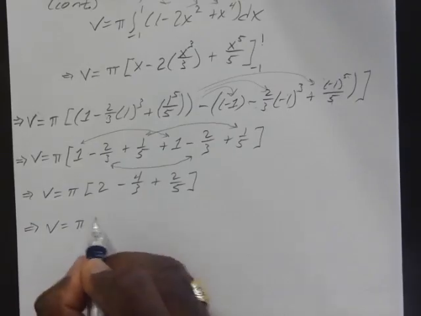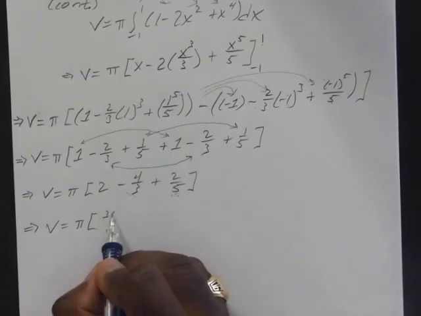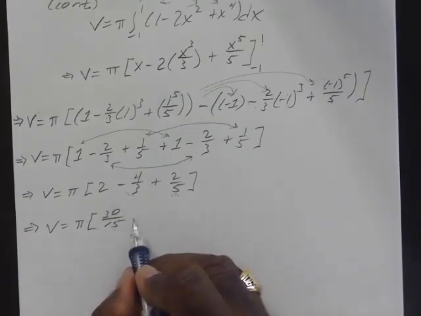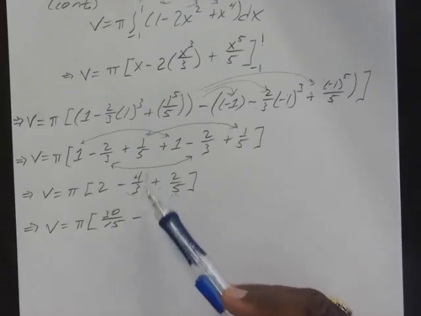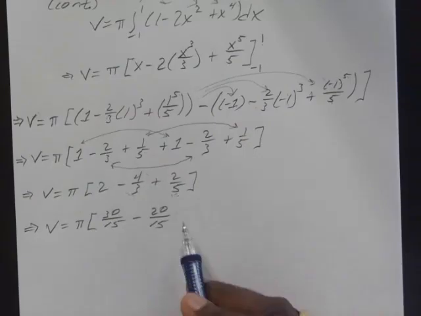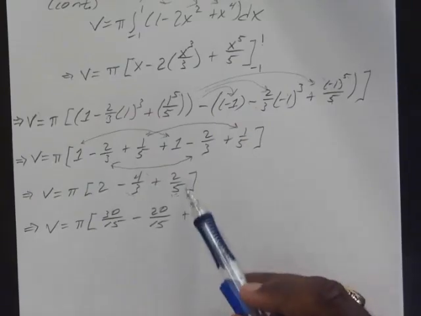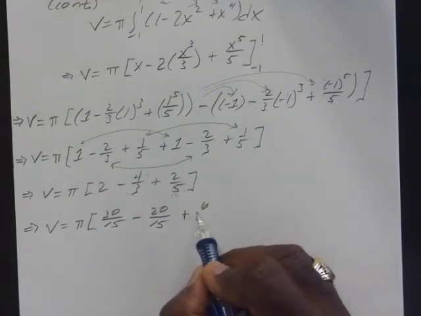So our volume is equal to pi. And our least common denominator is 15. So we can rewrite 2 as 30 divided by 15, minus, multiply both of these by 5, so that's -20 over 15, plus multiply this by 3 over 3, that gives us 6 over 15.